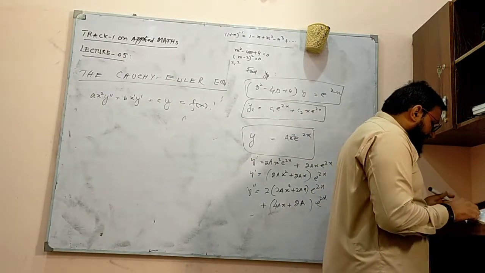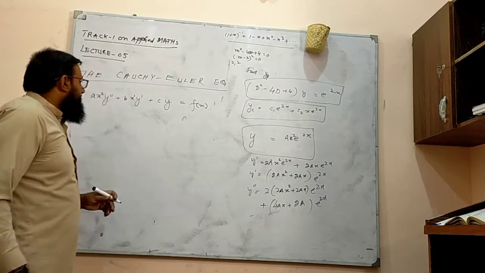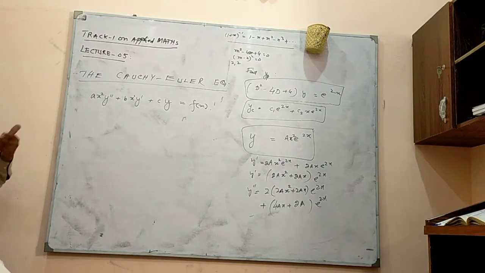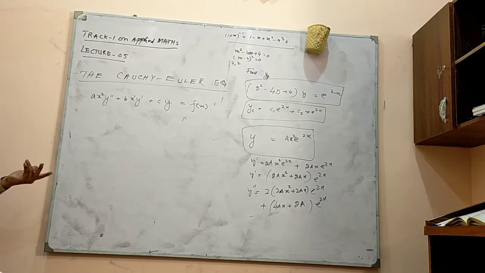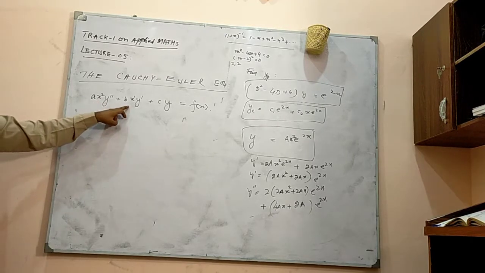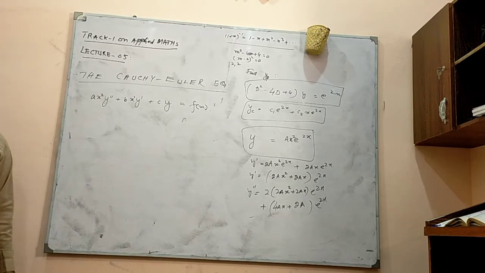You can see the problem with this differential equation is the variable coefficients. So we cannot solve it with the ways that we have so far. Either we have to assume some other sort of solution, or we have to make this free from the variable coefficients.